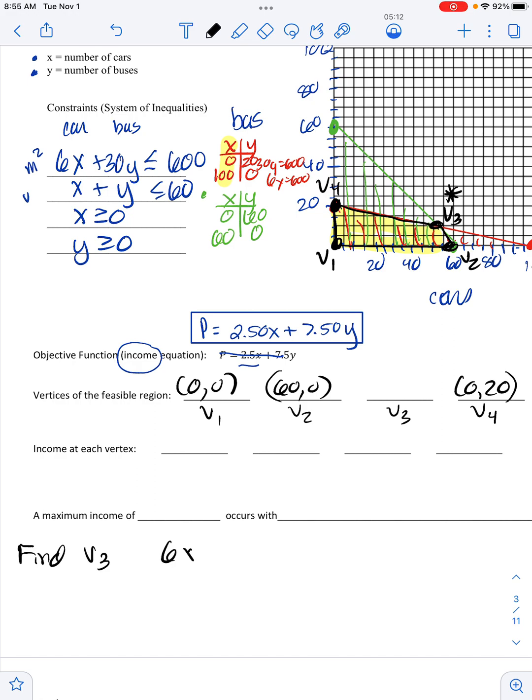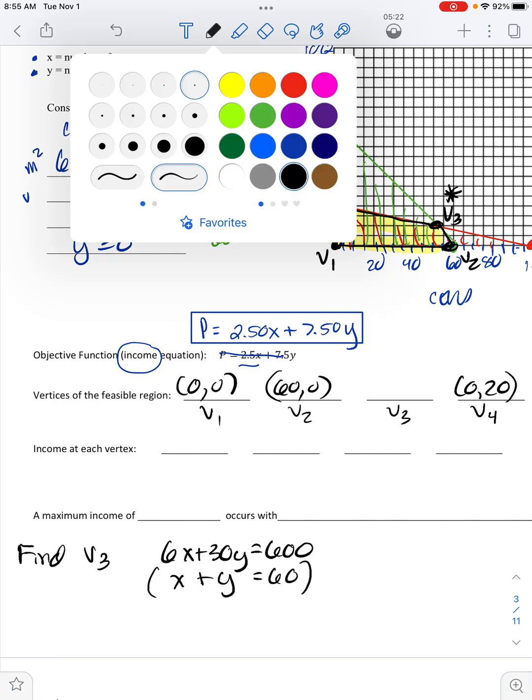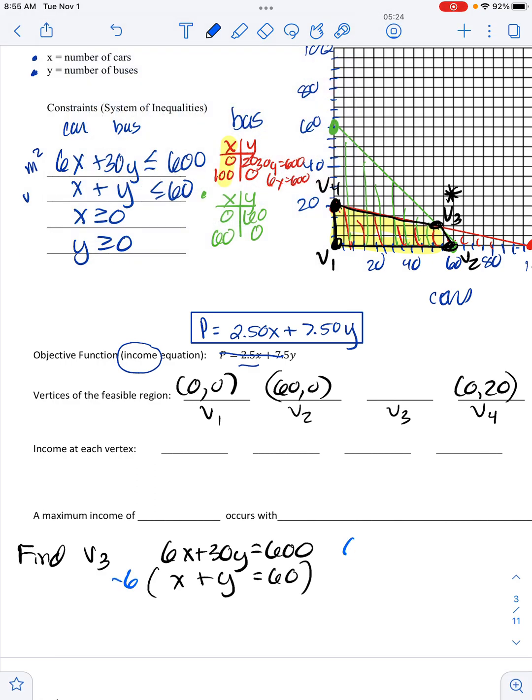I take my two equations from up in my equation bank, and I need to do whatever I can to solve them. So I'm going to multiply the bottom by a -6. Distributing that -6, these cancel.